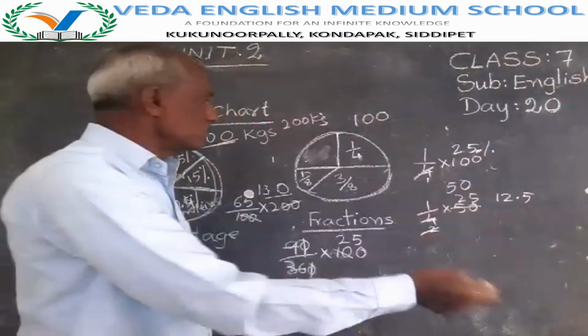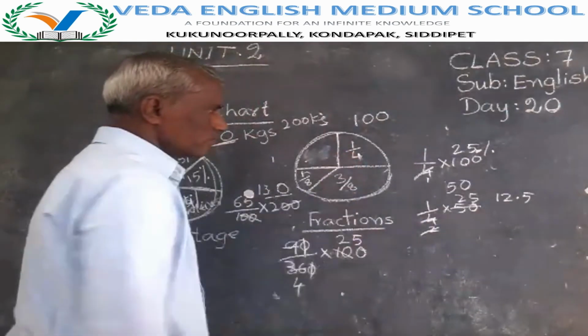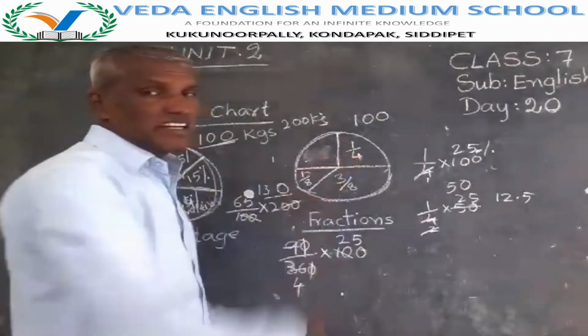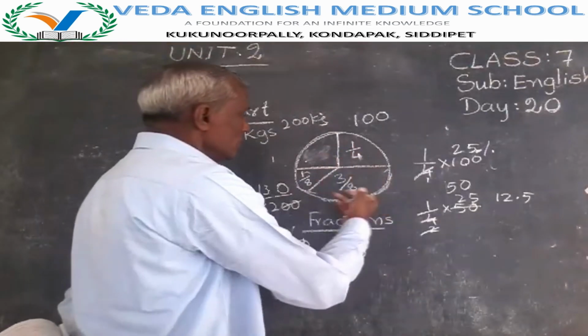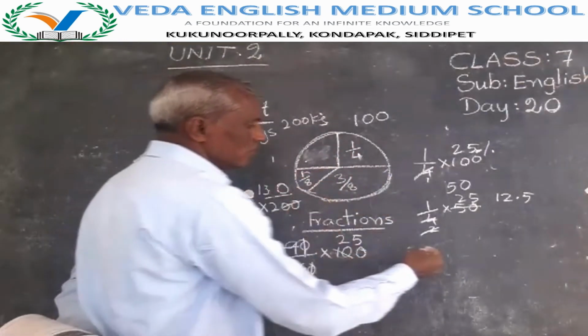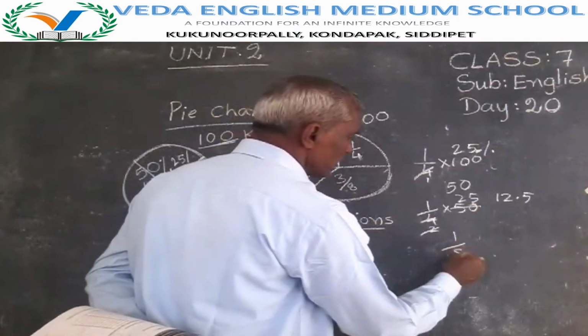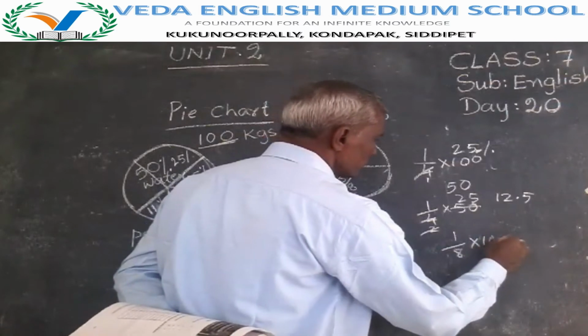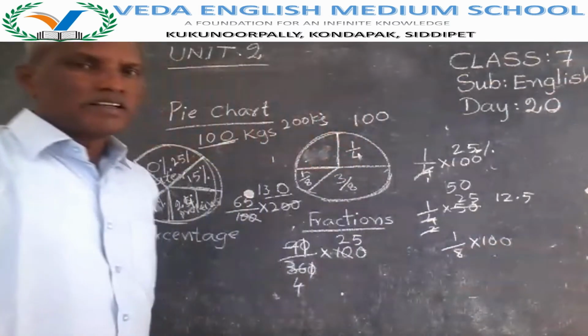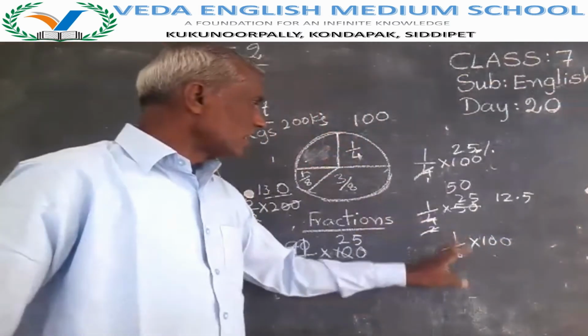Complete weight multiplied by the fractions. Multiplied by the fraction. So if you say 1/8, 1/8 of 100 is equal to, okay, so like that you have to make. It is a fraction, you have to change like this.